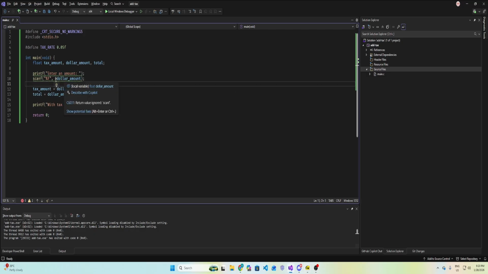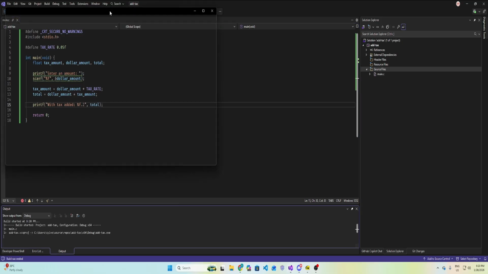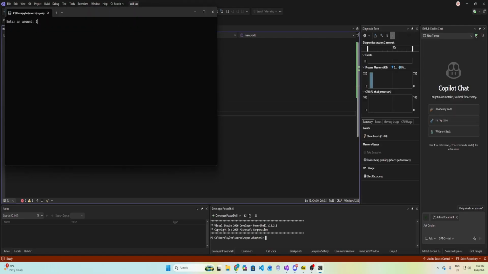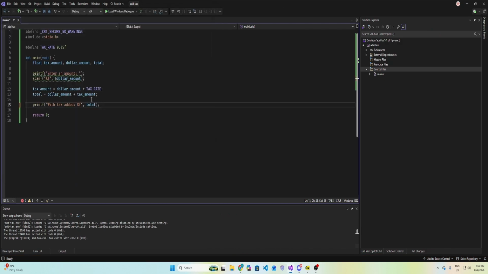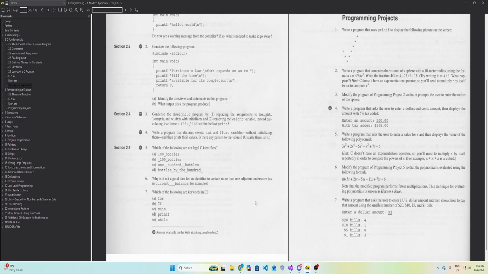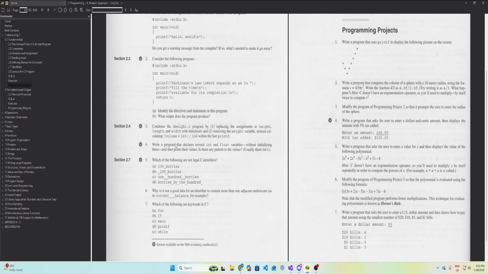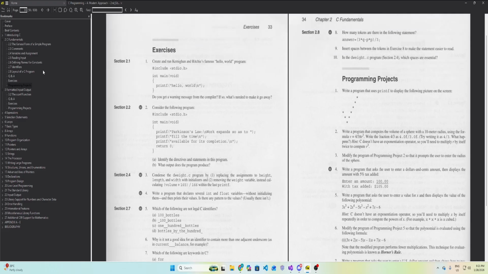How do you format it again? Is it .2 here? That doesn't show a bunch of... Nope. It said in the book, but I cannot remember.